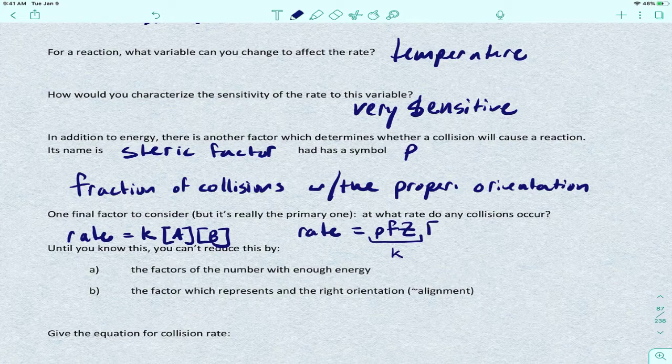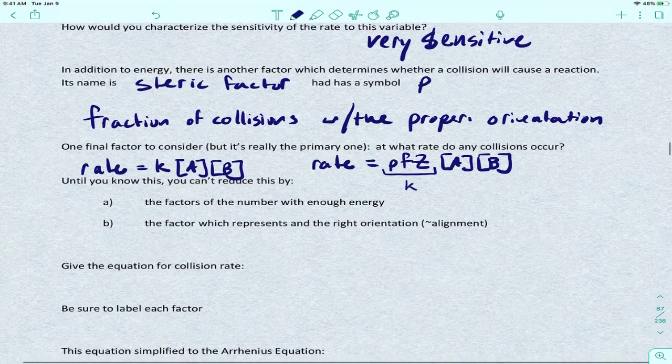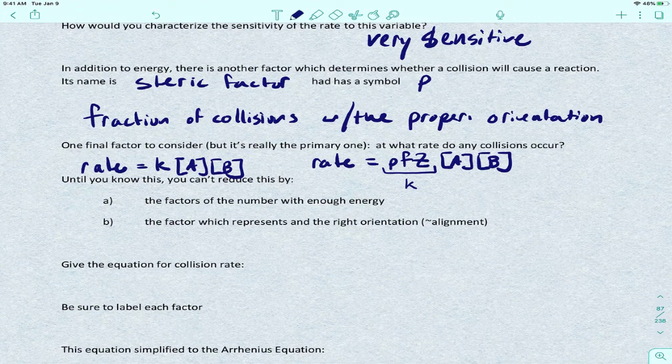And then this is times the concentration of A times the concentration of B. Until you know the steric factor, the collision frequency constant, and the fraction, you can't reduce this further.